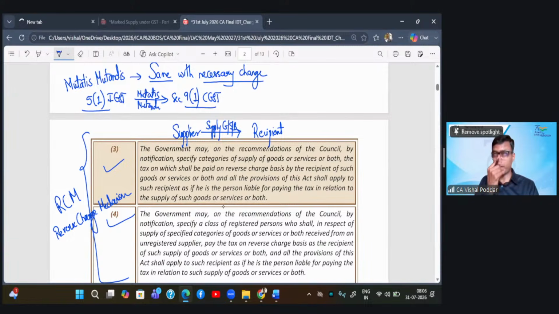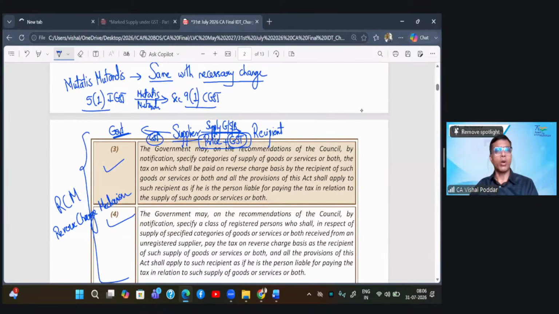The general method is that whatever is the price of this goods or service, the supplier will also add the GST component, and the total amount, the price plus GST, is charged by the supplier to the recipient. The recipient pays this amount to the supplier, and then the supplier pays this amount of GST to the government.